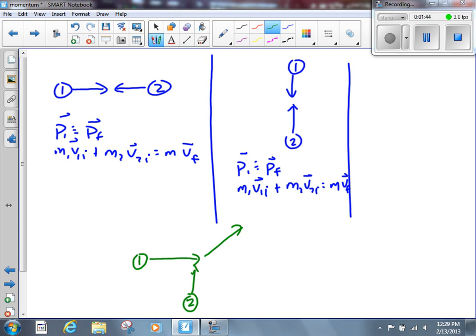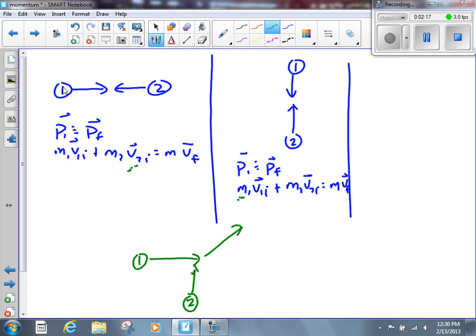How are we going to analyze this problem? Well, if you pretend object 2 is not there, then the problem basically becomes something like problem 1. If you pretend object 1 isn't there, then the problem becomes basically something like problem 2. So to analyze this two-dimensional or non-collinear interaction in green here, we are going to break it up into two separate problems, analyze them, then recombine them at the end.